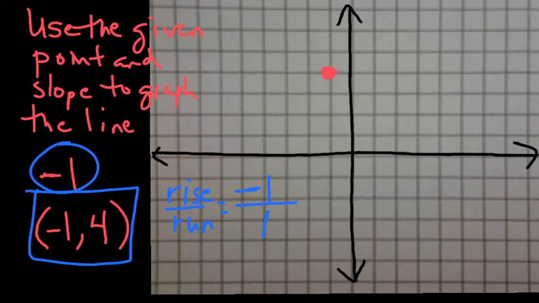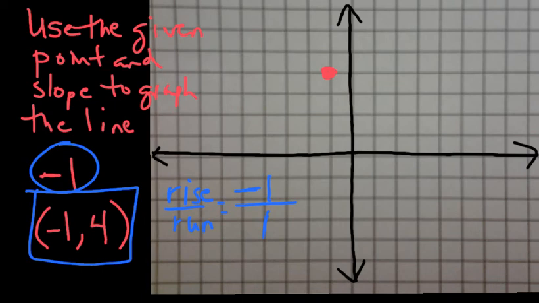Now we're going to go back to the point we graphed, because remember I said it is our start. Go to the point we graphed, and we're going to go down 1 because it said negative, and over 1. Down 1, that's the -1. Over 1, that's the positive 1. We're going to make a point right there.